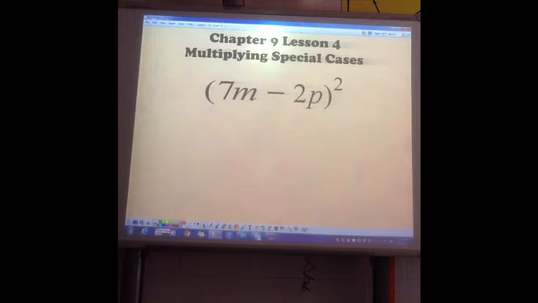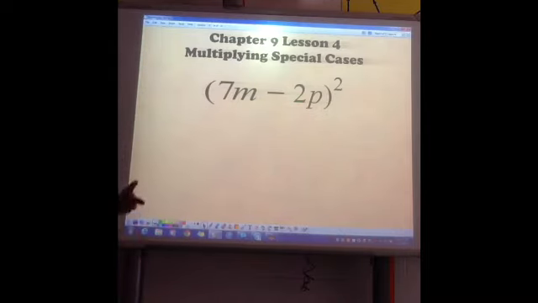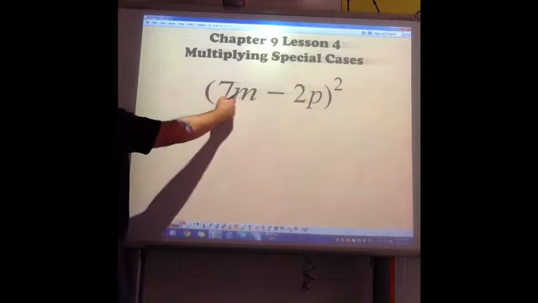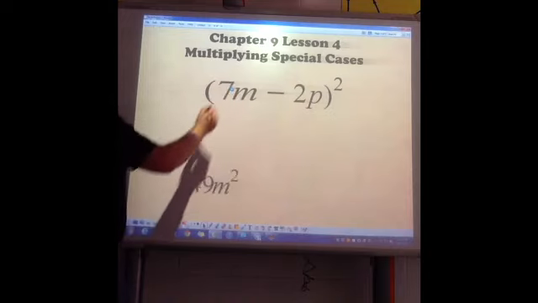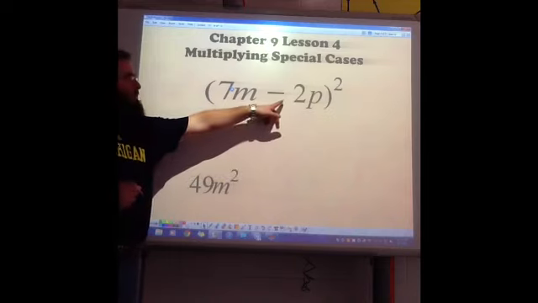And in our last problem, 7m minus 2p squared, this one's the fun one because we have an extra variable put in there. Same idea, we're going to square a first. 7m times 7m gives you 49m squared. Then let's square b.